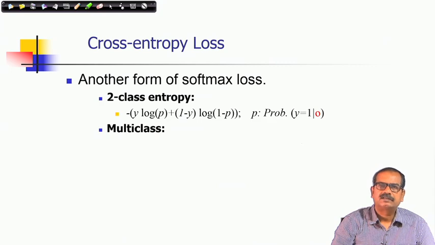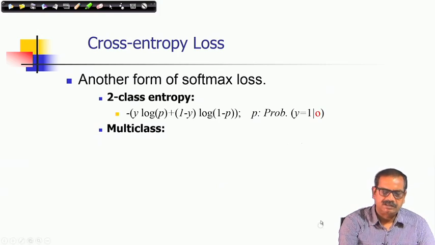When your object class label y is 1, that is, the true class of the sample is the object, then you are using log p. Otherwise, you are using log 1 minus p.